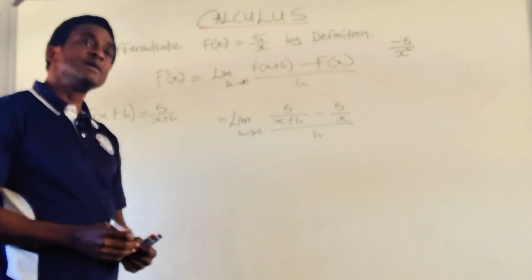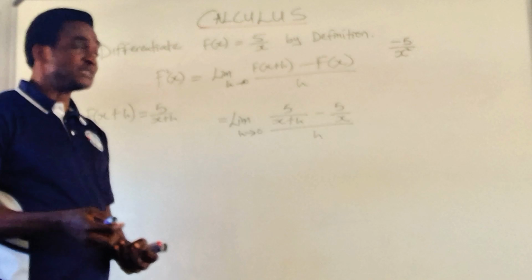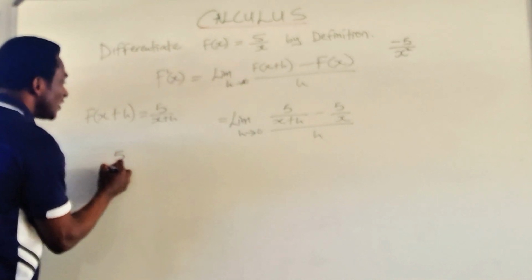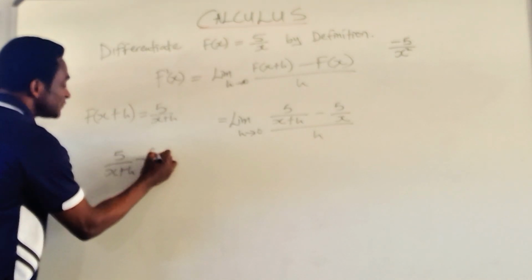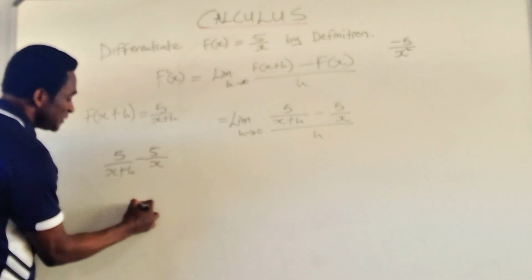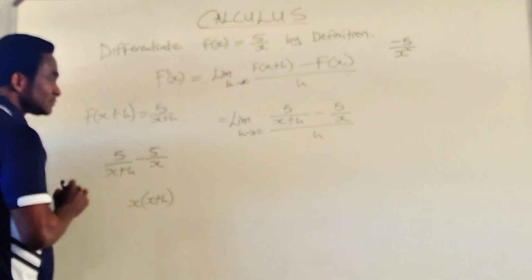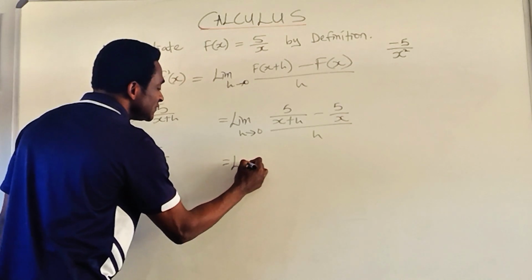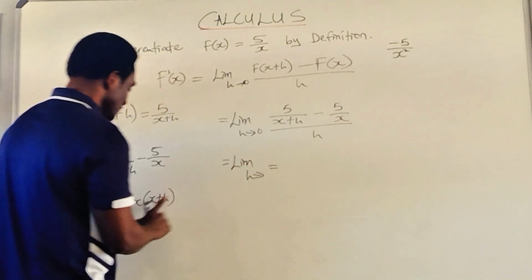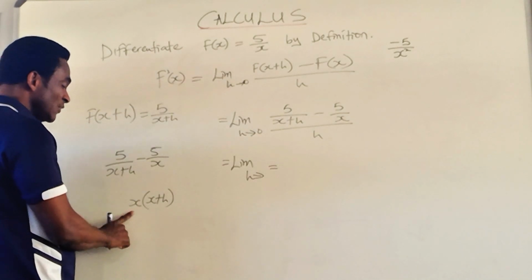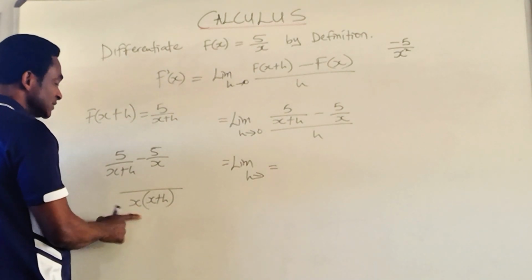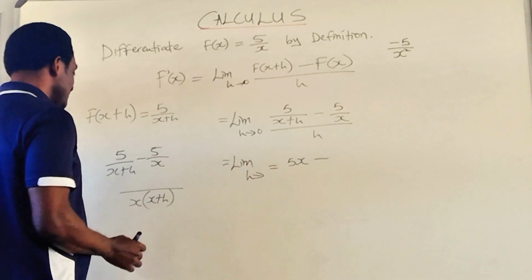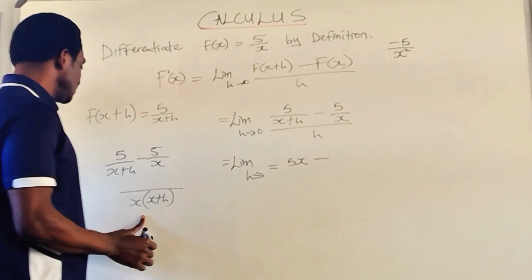Now what we need to apply here is resolving fractions. So let's make this a single fraction and then take it from there. So this is 5 over x plus h minus 5 over x. If we take the LCD, the LCD will be x times x plus h. So if we go on, the limit of this function as h tends to 0 will be, we have this into the LCD, we have x, and then this will give us 5x minus x into this, which will give us x plus h.